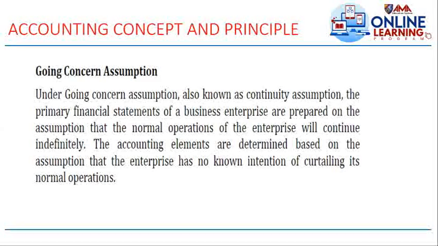The primary financial statements of a business enterprise are prepared on the assumption that the normal operation of the enterprise will continue indefinitely. For example, measuring assets at historical cost is appropriate when the business is a going concern. It means the company doesn't have a definite time or date when it is going to close or dissolve.